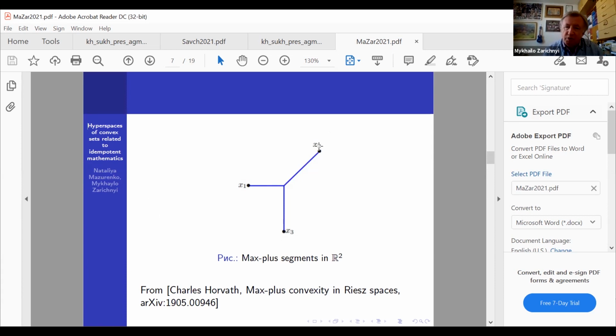If the mutual position is like x2 and x3, we have such a broken line. And for x1, x3, we have this one. So a set in plane is maximum plus convex if it contains, together with its 2 points, the segment which connects them.